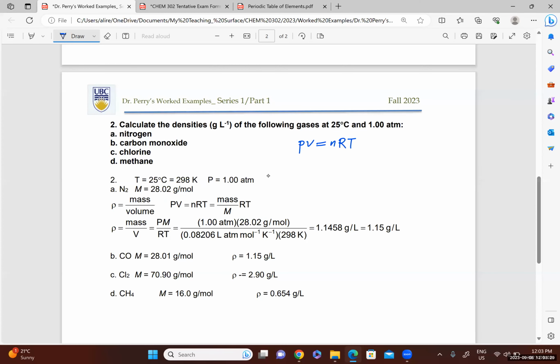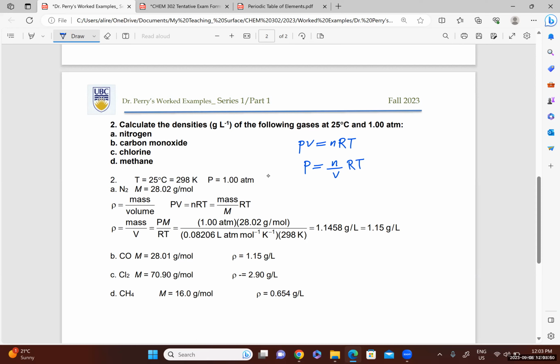Okay, so how to do that? Look, if I rearrange this equation, this is n over V, which is C, but we're not going to really talk about C. So n over V, if you divide both sides, n over V multiplied by RT. But now we don't need the number of moles, we need mass.